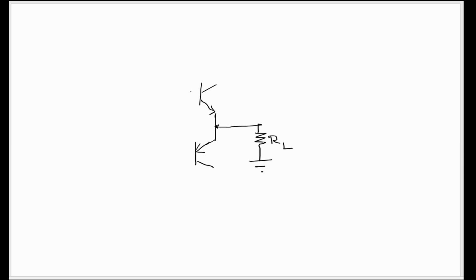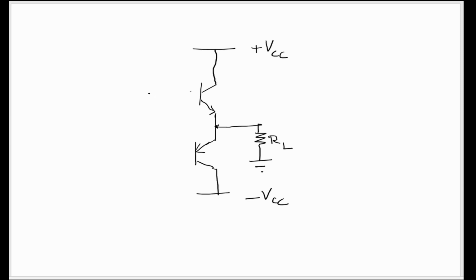So this is RL, and the collector of NPN transistor should be connected to plus VCC, and the collector of PNP transistor is connected to minus VCC.